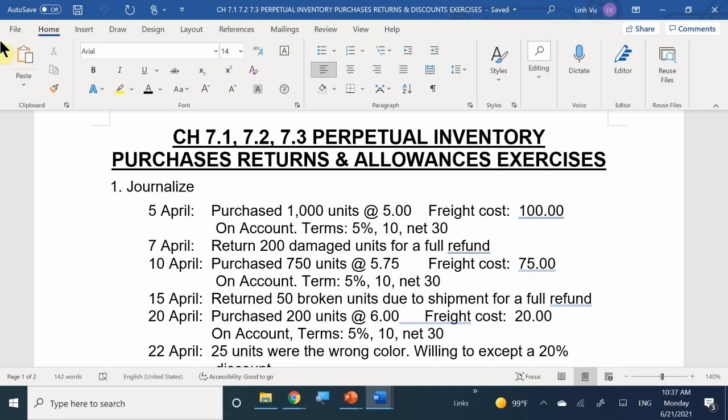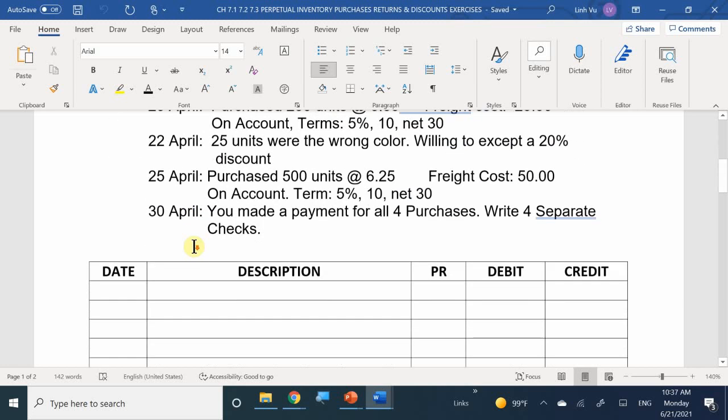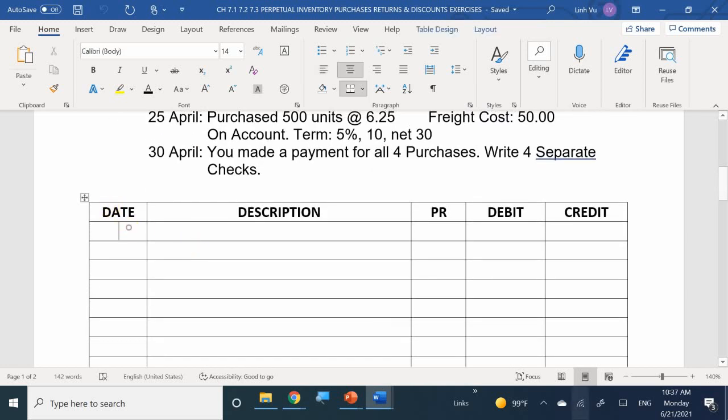So let's go ahead and journalize the purchase of 1,000 toys on an account. April 5th, what are we going to journalize?